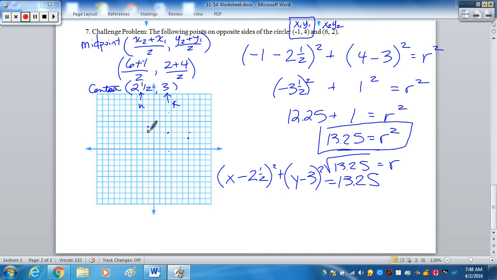Okay, and so something to that effect is what I'd be looking for. Okay, again, making sure that my 4 points and my center are dark enough that I can see those.